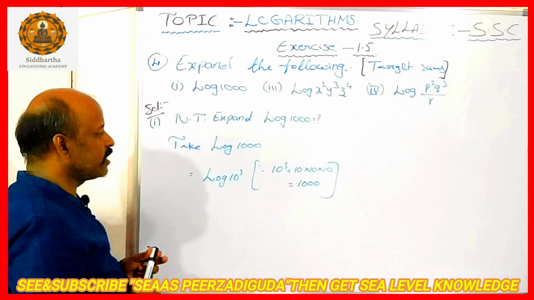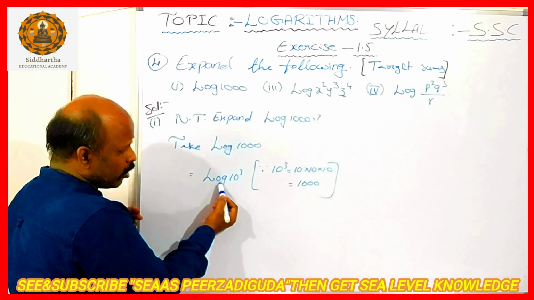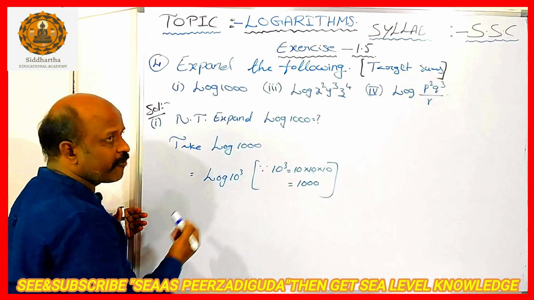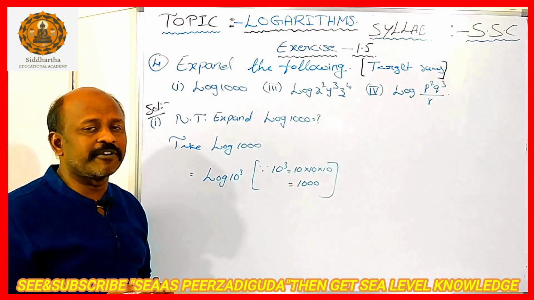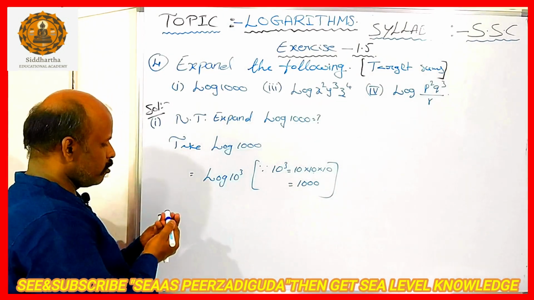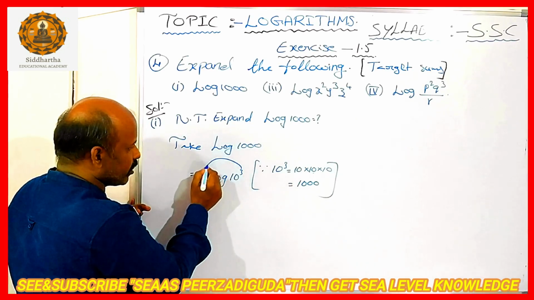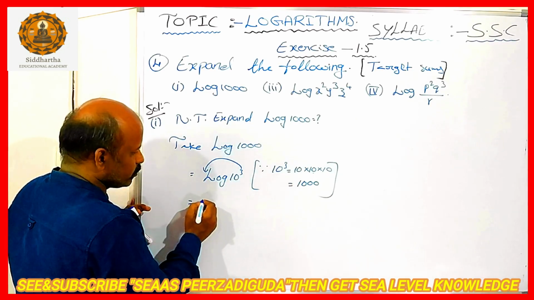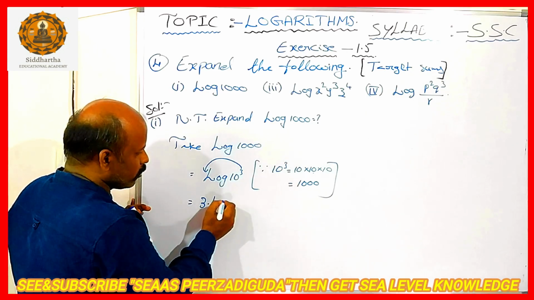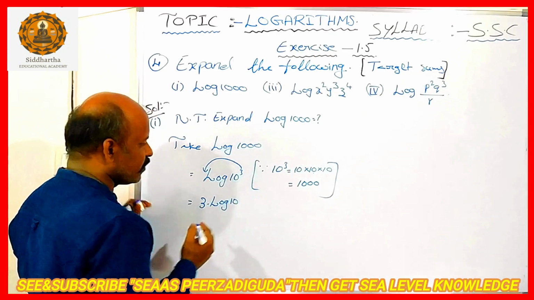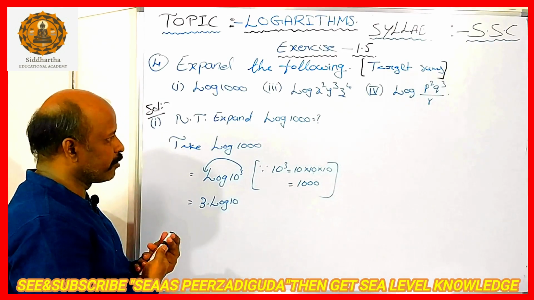So when we are observing log 10 cube, it is in the form of power rule. So by writing this 3 over here, we get 3 log 10. Which formula did I use over here? Power rule.